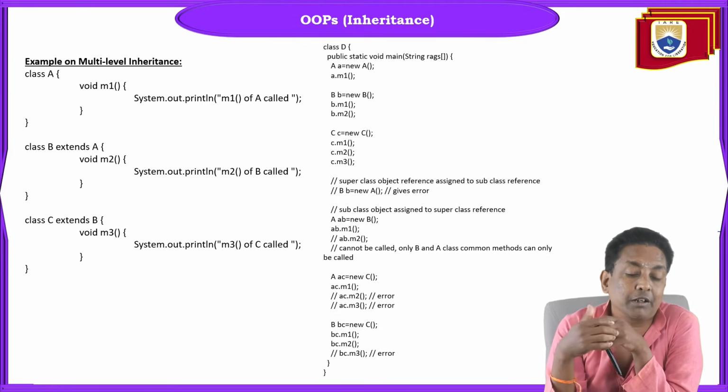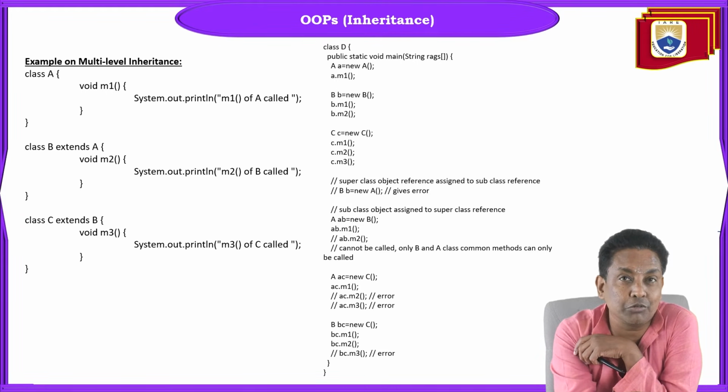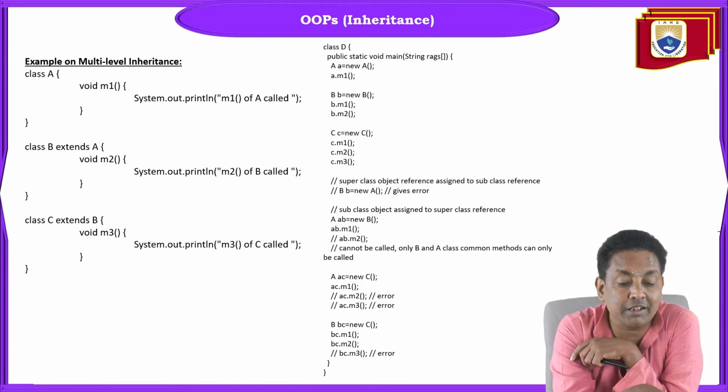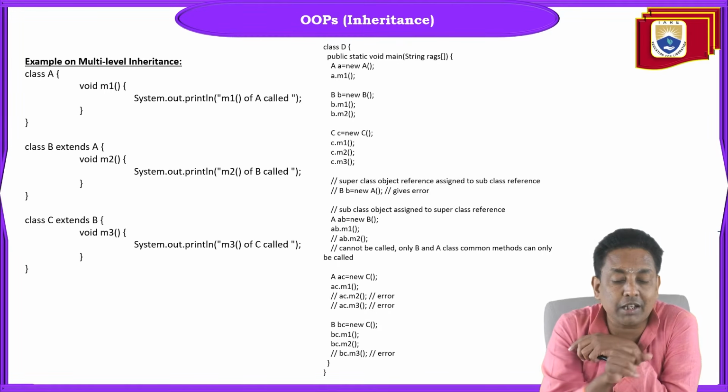Class B extends A, with method M2, printing M2 method of B class called. Class C extends B, B extends A, C extends B, with M3, printing M3 method called of class C.